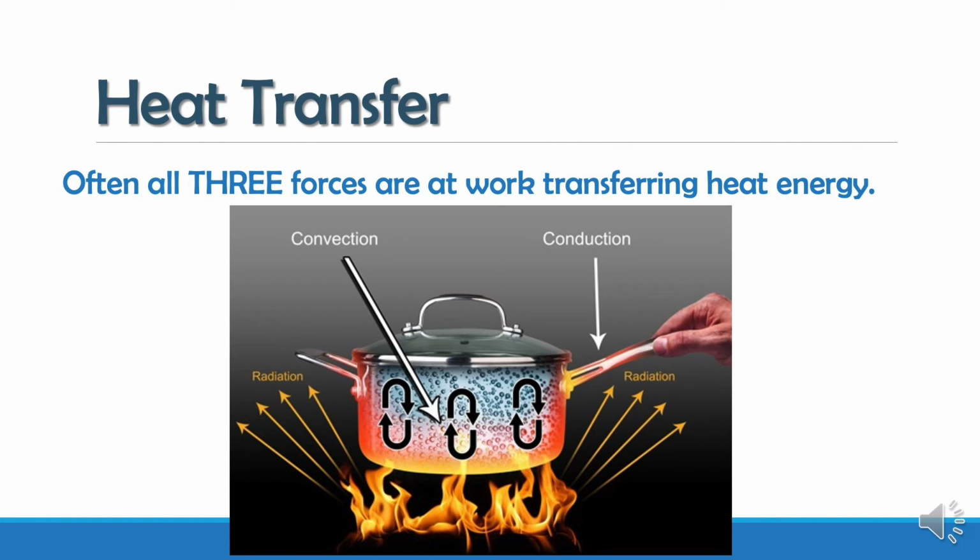Often the three forces, as I outlined in the previous picture, are at work at the same time transferring heat energy. In this image of a pan of water that's boiling, the pan is getting heated by radiant heat from the fire, where the fire is literally touching the pan. There would be conductive heat.